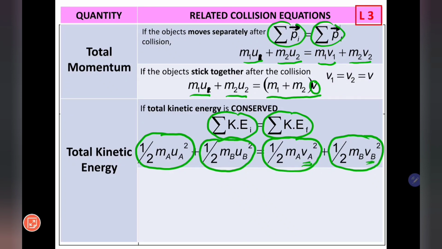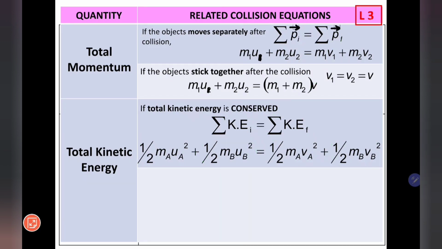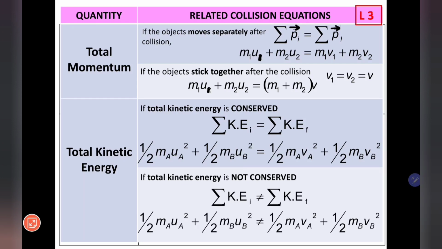So this is the total kinetic energy before the collision, and this is the total kinetic energy after the collision. The bodies are still separate after the collision. Next, if the total kinetic energy is not conserved, the total K initial is not equal to the total K final.